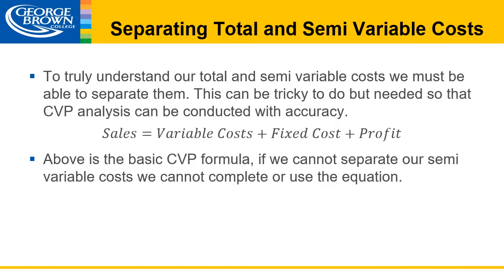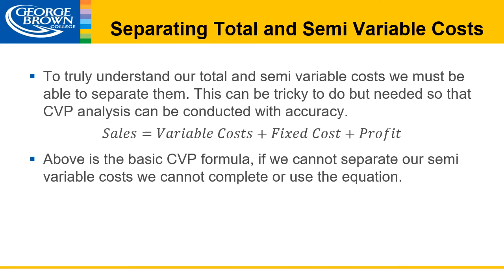So at this point, I think you're starting to see some of the importance of truly understanding the differences and the proportions of our variable and fixed costs. In food service, our variable cost per guest is a weighted average between the labor that's needed to serve them, the food, and the beverage, right?